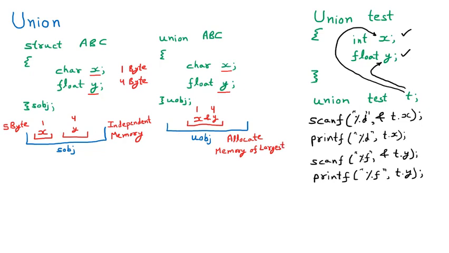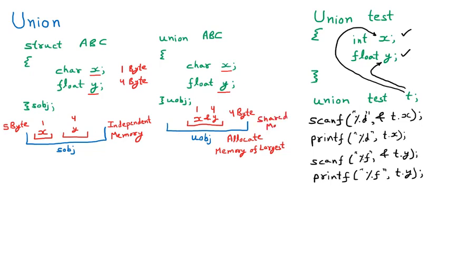Means whichever is the largest, it will take the memory. So out of 1 and 4, which is largest? 4 is the largest. So the memory used by the union will be 4 byte. And we can say that it is the shared memory. It is not the independent memory, it is the shared memory.